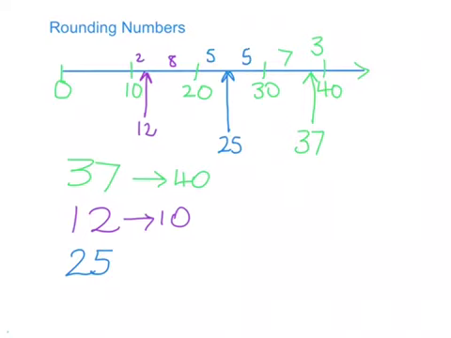So it's right in the middle. So do I say it's closer to 20 or do I say it's closer to 30? Well, the rule that we use in mathematics, if we're on the 5, we always round up. So think of a high 5. The 5 goes high, the 5 rounds up. So 25 would in fact round to 30.